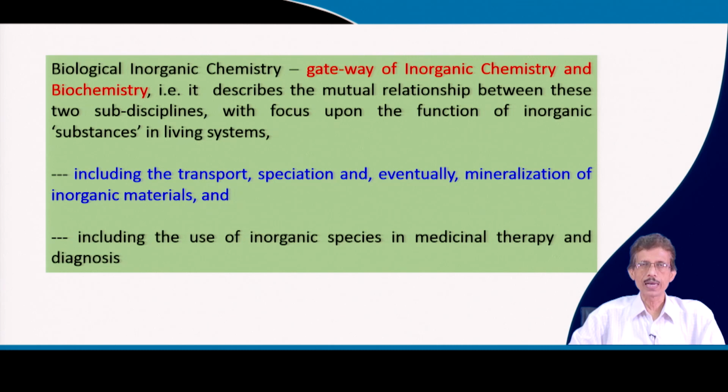If a metal ion has a function, like coordination to the O2 molecule, iron is present and is responsible for coordinating O2. So, iron functions as an essential metal ion and O2 functions as a very good ligand. And how can we categorize all this? It includes the transport, speciation and eventually mineralization of inorganic materials, like mineralization of iron.